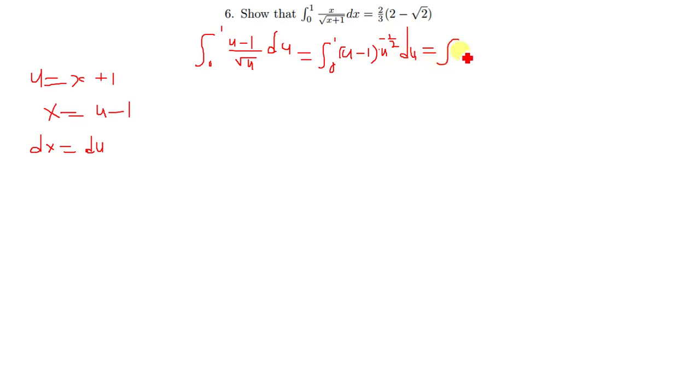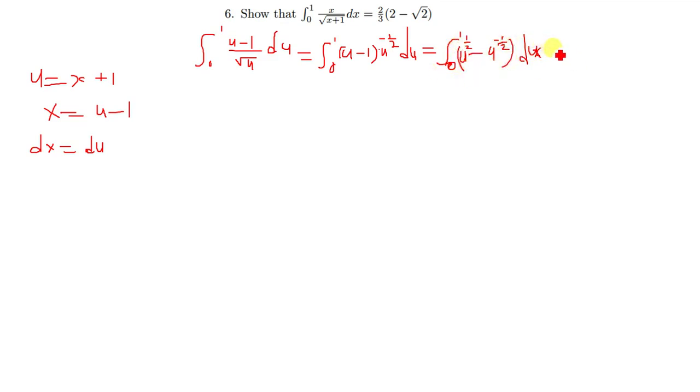We can simplify it further by saying u to the power negative half times u to the power 1, so when you add the powers there, you get u to the power half. Don't forget to put your limits. And then minus 1 times u to the power negative half, we get u to the power negative half, and we're integrating that with respect to u, not x.